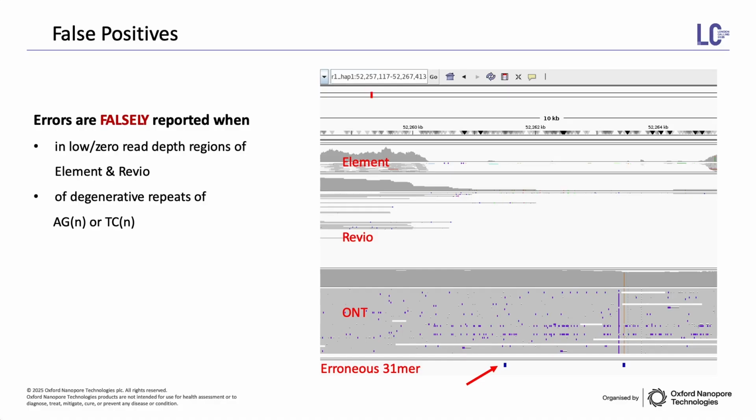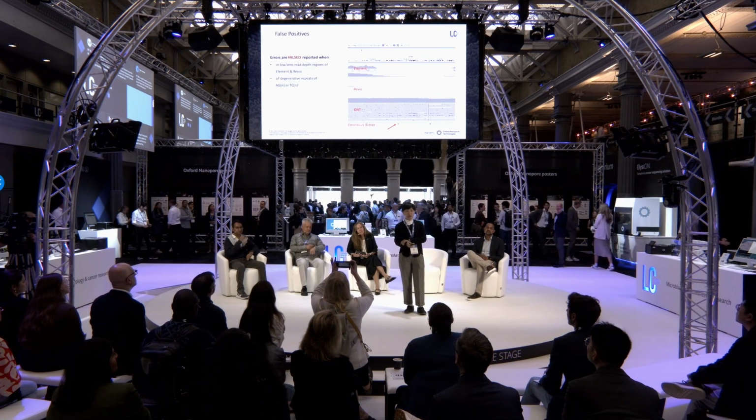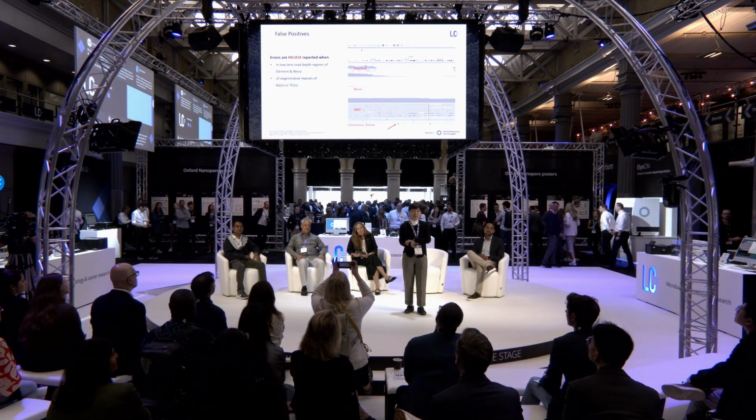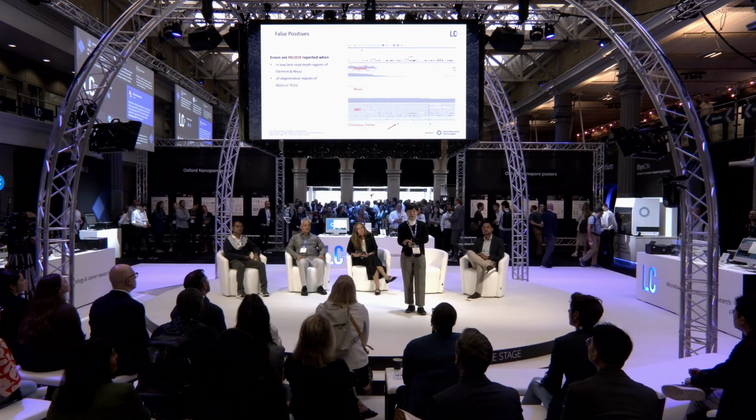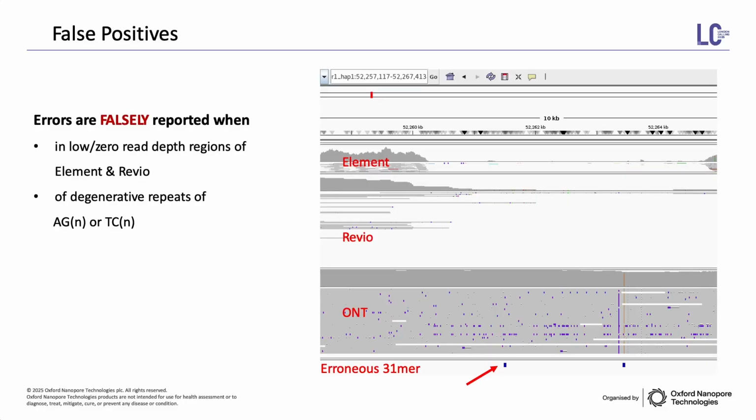However, we noticed that this k-mer-based approach became less reliable when the genome quality improves, particularly beyond Q70. And false positives can often occur in the regions of low or zero depth of the Illumina or rival reads, such as in the degenerate repeats of AGGG or TCCC, where the sequencing bias may cause the underrepresentation of these genuine sequences.